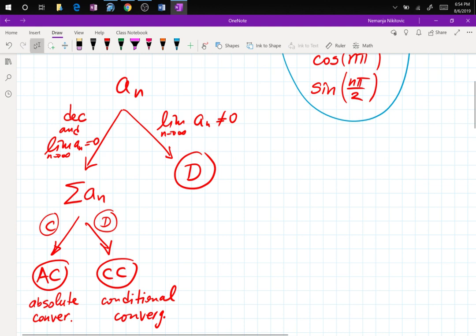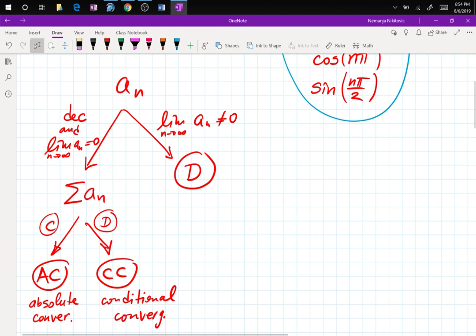That sequence needs to be decreasing, needs to have limit 0, and you are on a convergence branch for the series. Then you do the summation of a_n, again, no alternating part. That one will converge or diverge, leading you into one of the two types of convergence. Going back to the original sequence, if the sequence in the limit is different than 0, then the series diverges.